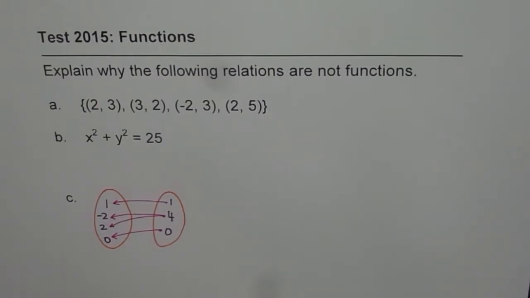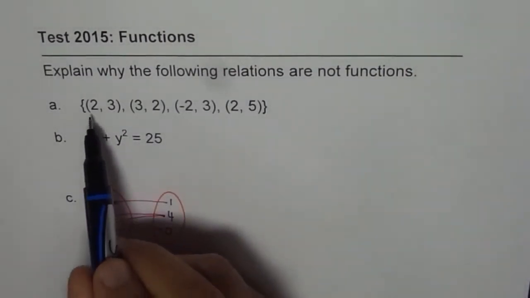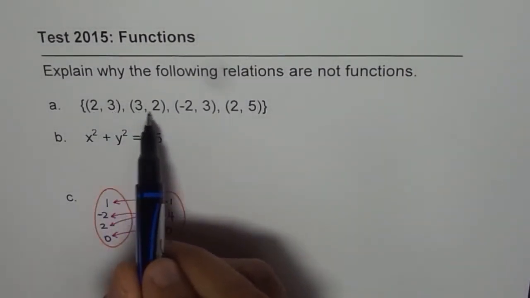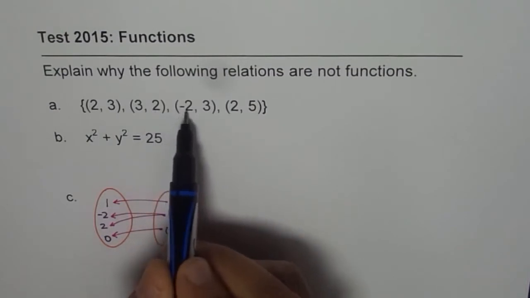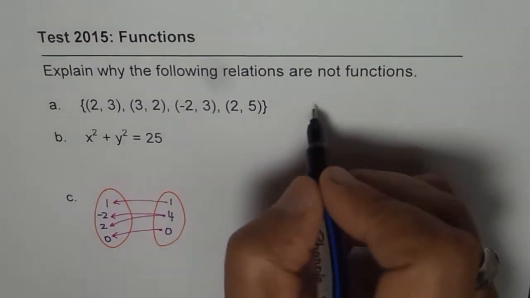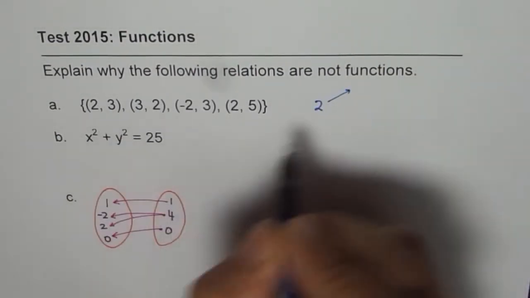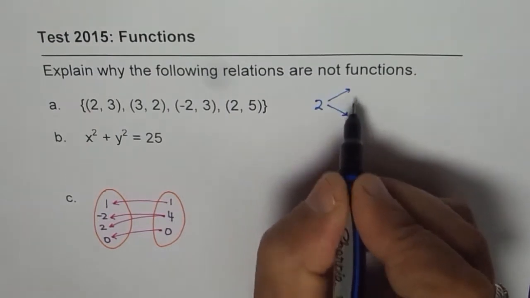Here is how we can explain that these are not functions. The first relation, you'll see 2 is mapped to 3, 3 is mapped to 2, -2 is mapped to 3, but 2 is mapped to 5. So what we see here is 2 is mapped to 2 points, right?